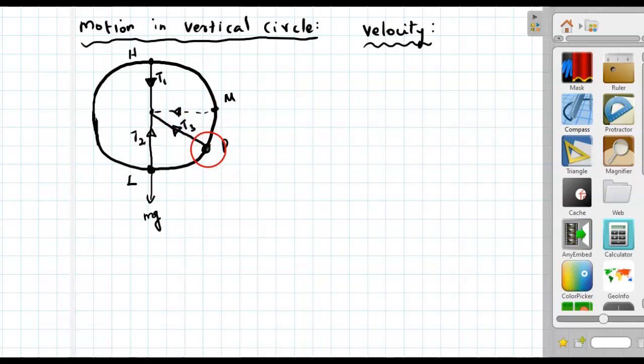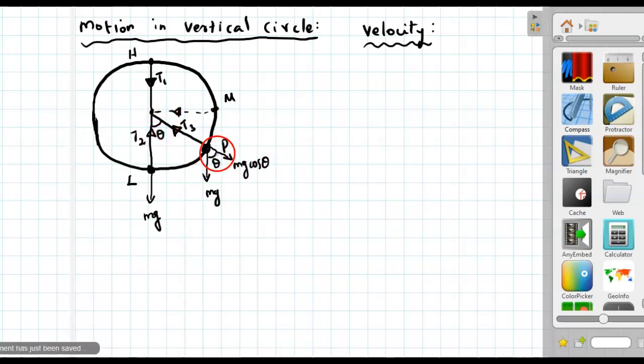So we are going to derive the velocity of a body at any point P. At this point, the weight is acting downwards, mg, and it has two components, horizontal and vertical. This is the horizontal component, mg cos theta, because this is an angle from the vertical.